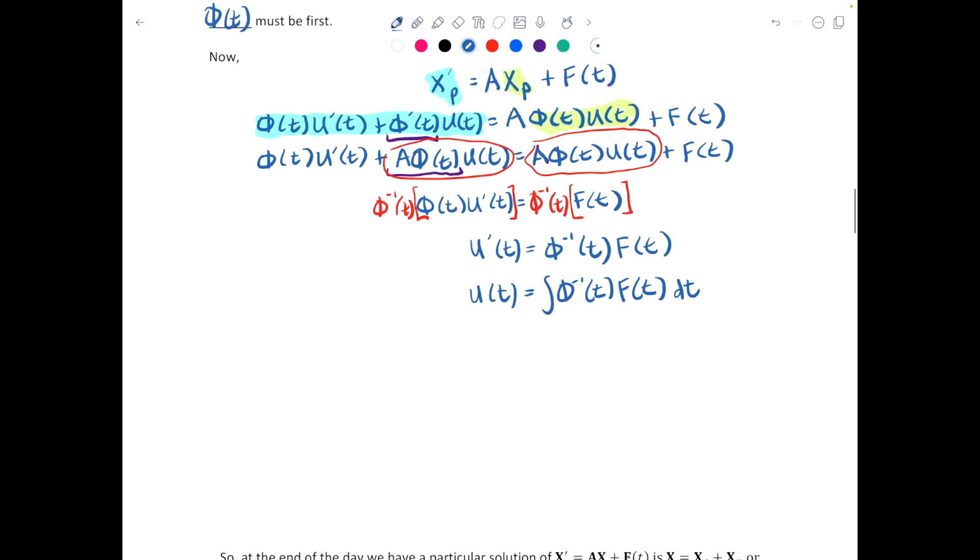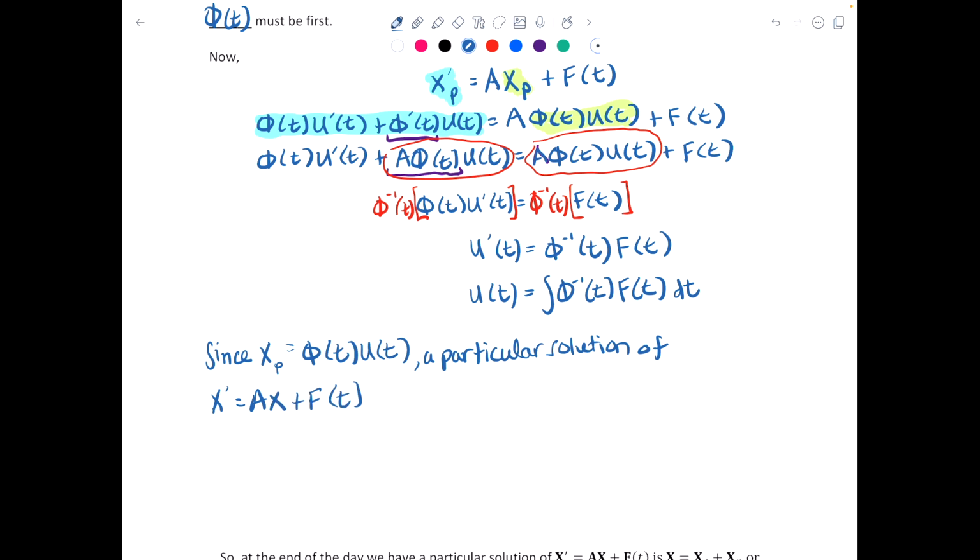Okay, so now let's check this out. Since xp equals phi at t times u at t, a particular solution of x prime equals A x plus f at t is xp equals phi at t times, well, for u at t, we're going to put the integral of phi inverse at t times f at t dt.